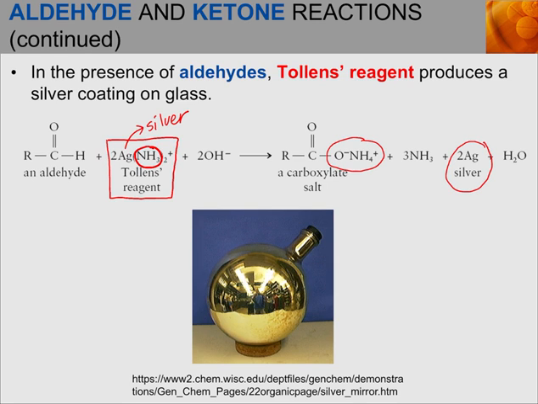And those silver atoms are going to deposit on the surface of the glass that the reaction is occurring in. And you actually get this mirror effect on the glassware. So it's really cool. You can actually see the reflection of the person taking the picture here. Now, ketones do not react with Tollens' reagent, so you actually wouldn't see any of this silver forming on the glassware. And if you want to see more information about this reaction, I've included a link down below.